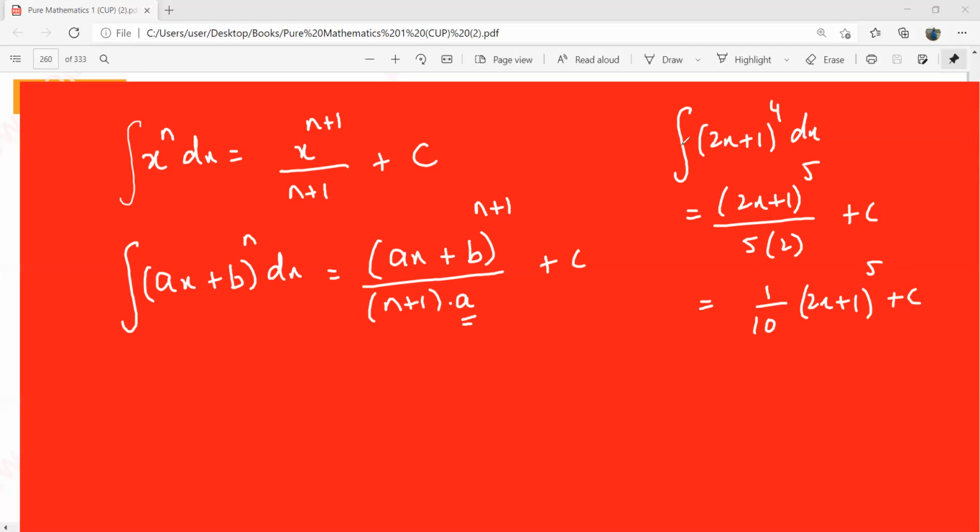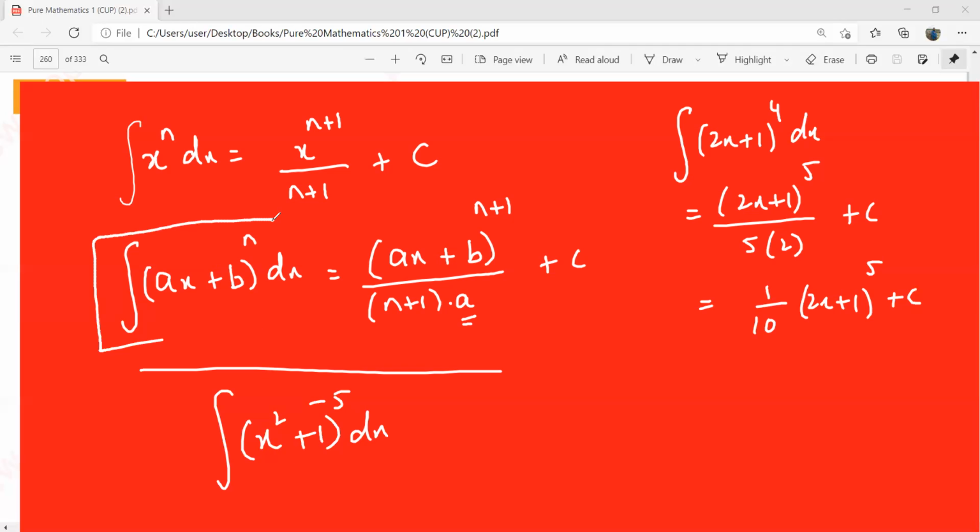You will never be required to integrate, for example, x squared plus 1 with power 5 or minus 5 on it, because the brackets contain a function which is not linear. This second technique only caters to linear expressions.